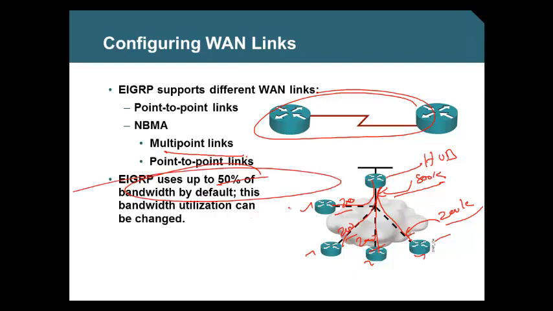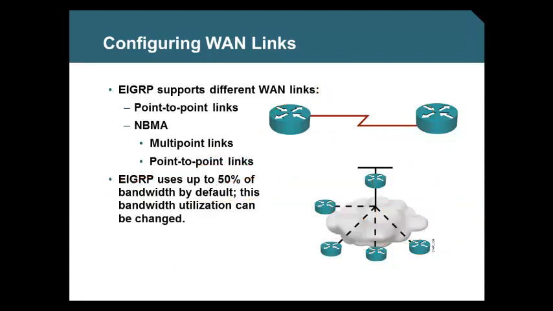So the bandwidth that you configure on the hub router should be the sum of the bandwidths available on multiple points, the spokes. So this is what we call WAN consideration.